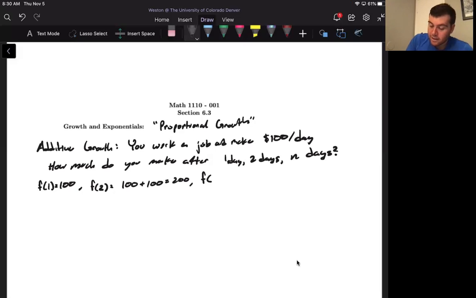On the nth day, we've earned 100 plus 100, n times. And so that gets us 100 times n. All right, so this model is telling us that to find how much we made when we're adding, we just need to do a simple multiplication.